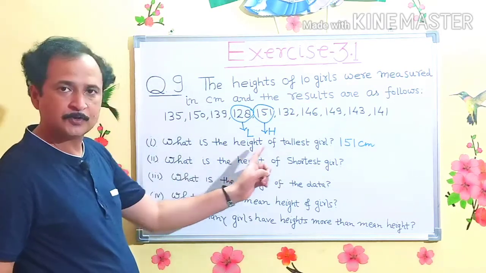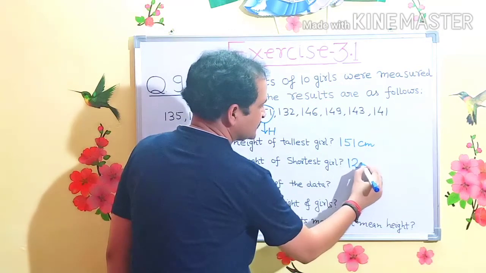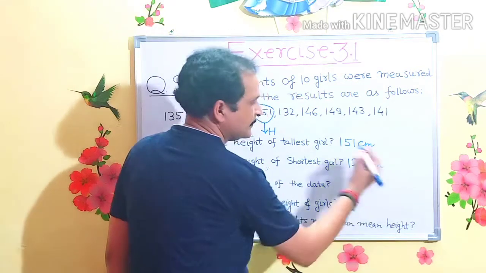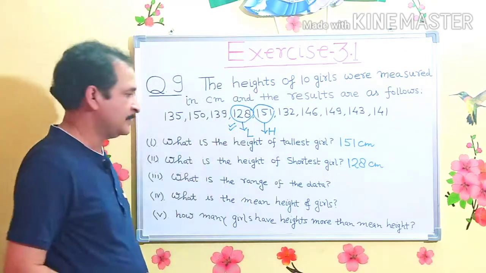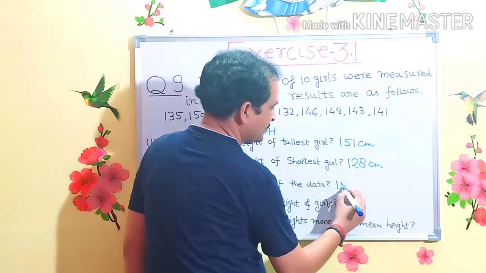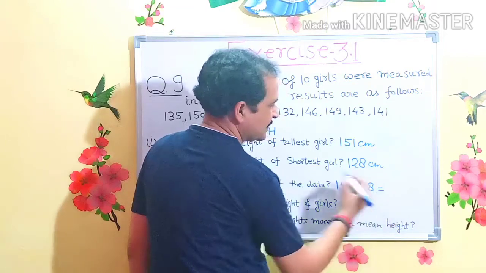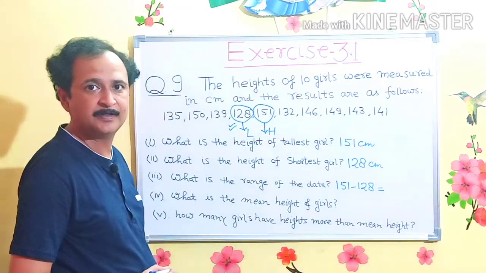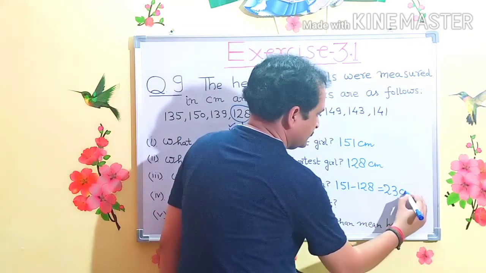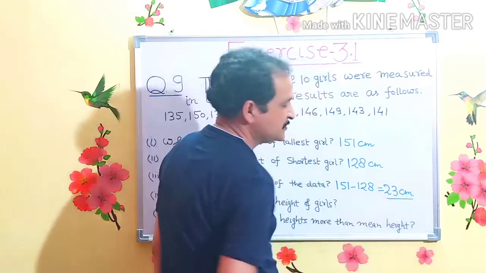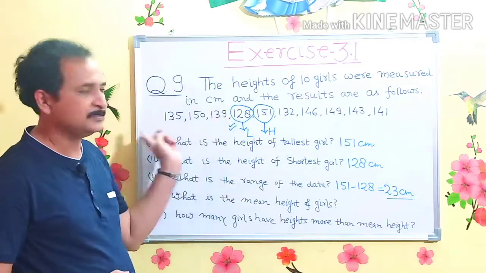The height of the shortest girl is the lowest value of the observation, which is 128 centimeter. So now what is the range of this data? Range of this data is 151 minus 128. So 151 minus 128 means 23 centimeter. So 23 centimeter is the range of this data.